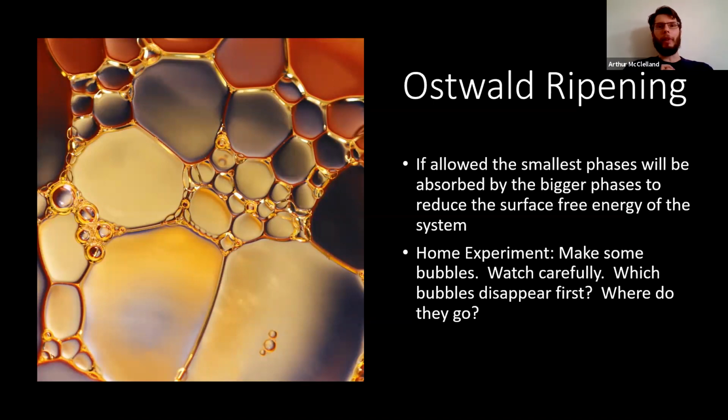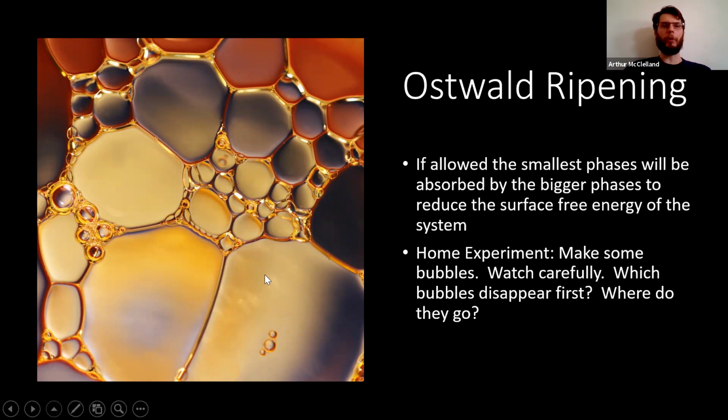An interesting phenomenon when you have polycrystalline material is what's known as Ostwald ripening. So I said every time you make a surface, you have an energetic cost. If you have small crystallites and bigger crystallites, the energetic cost for the small crystallites is higher than the big crystallites. So the system can reduce its overall energy by absorbing the small crystallites into the big crystallites. So if you make some bubbles at home and you watch carefully, I meant to make a movie, but I ran out of time.